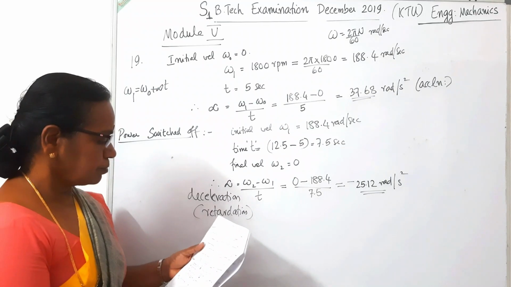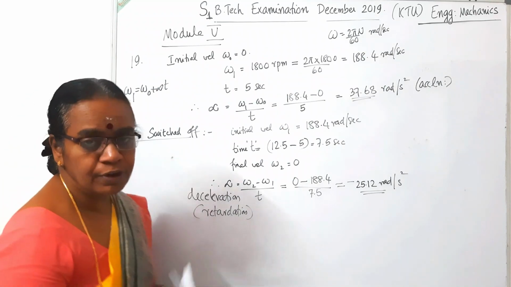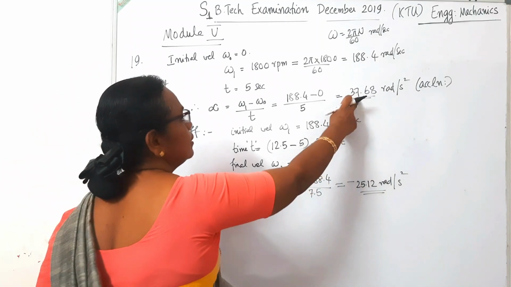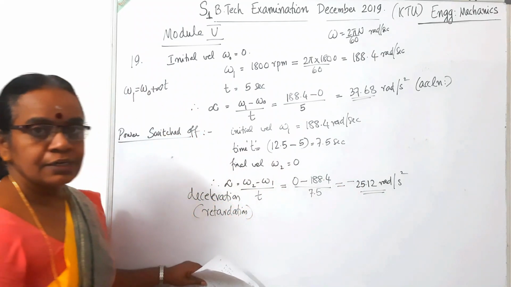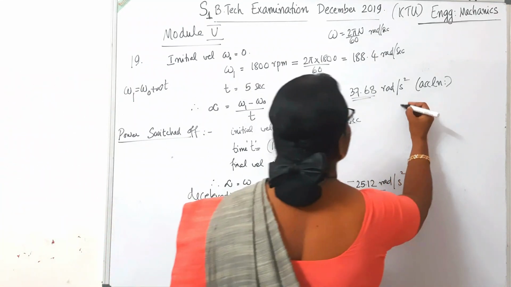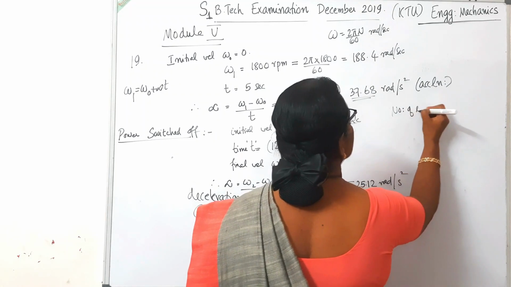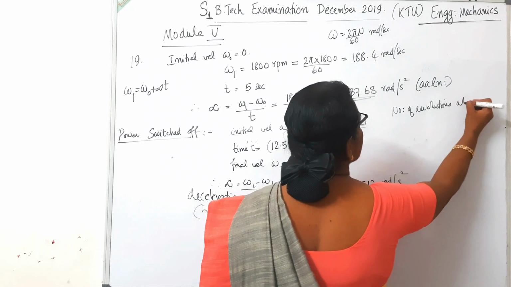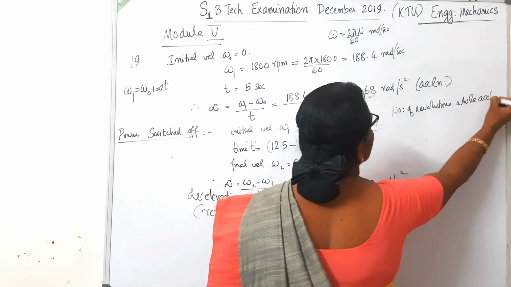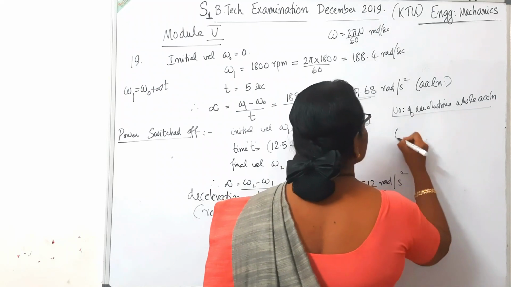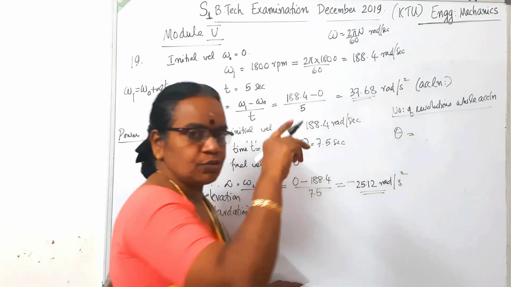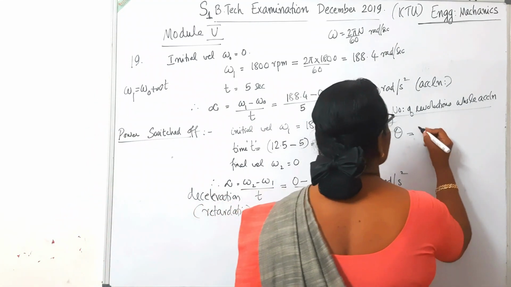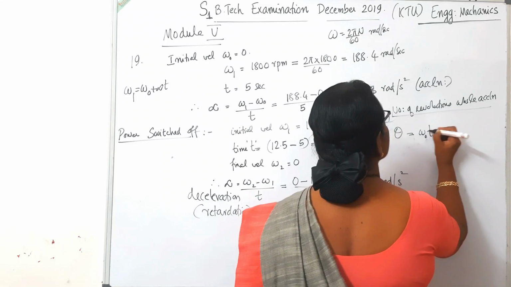Okay. Now you are asked to find out the number of revolutions made while acceleration and number of revolutions made while deceleration. So let us see number of revolutions while accelerating. Theta, revolution is angular displacement, so the angular displacement is theta. Theta is equal to, x is equal to ut plus half a t square.